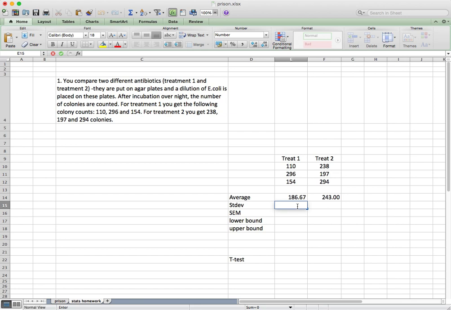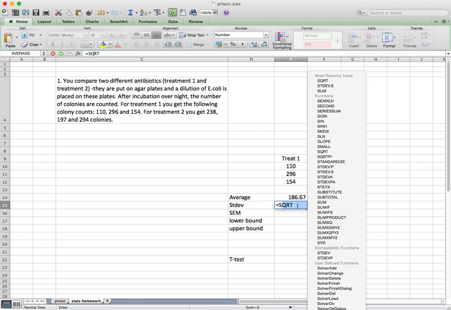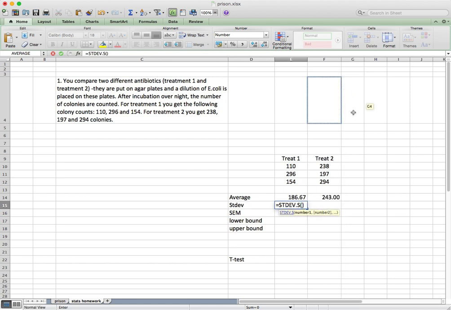Now let's calculate that. Equals, and again, as soon as we start typing standard deviation, we come up with something like STDEV.S. This .S is important because it stands for sample. Again, all we need to do is drag down and see what we get. Again, we have E10 to E12, so these are our samples.